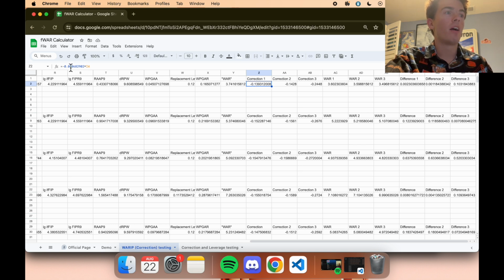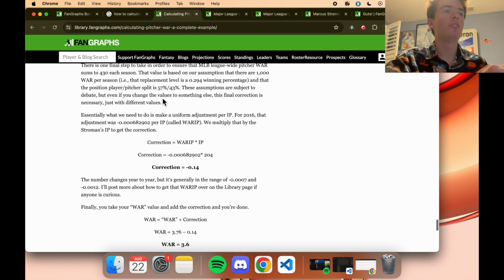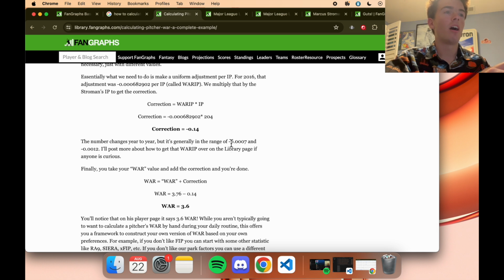For one of them, I tried just using the value from the Stroman example for every single one. And what's a little bit ironic is, they say the value of WARIP is usually between negative 0.0007 and negative 0.0012.